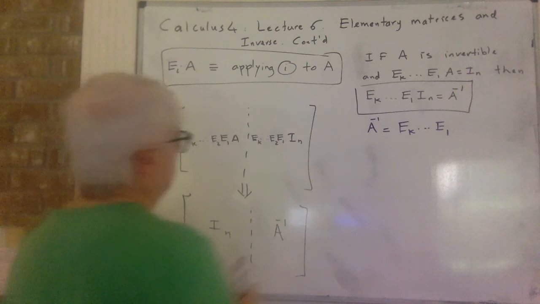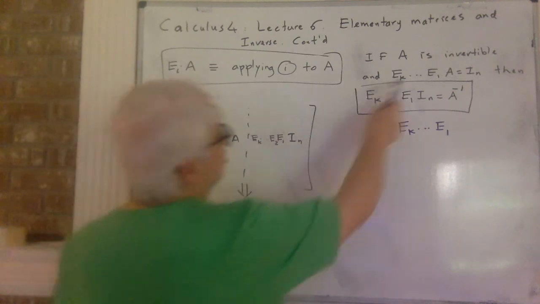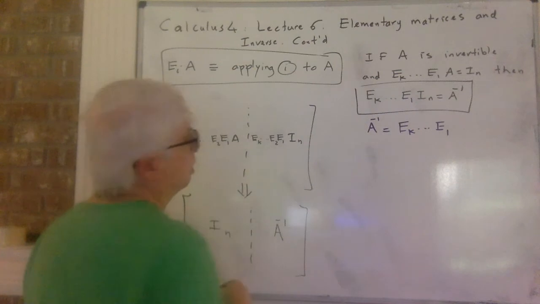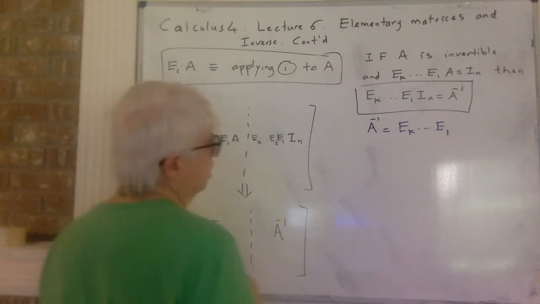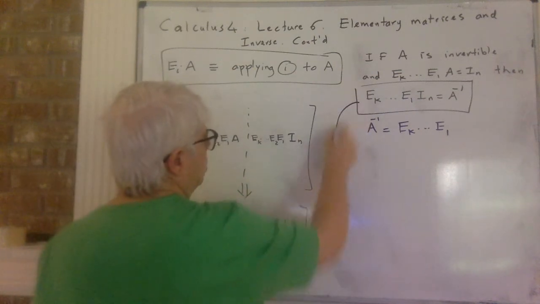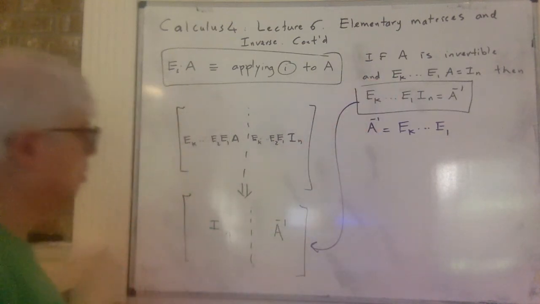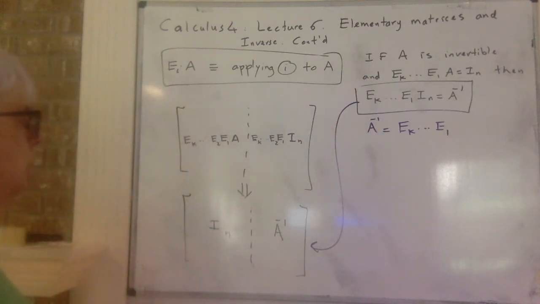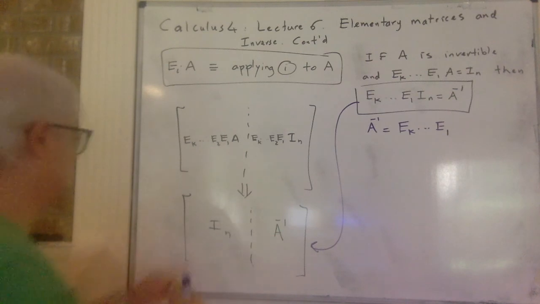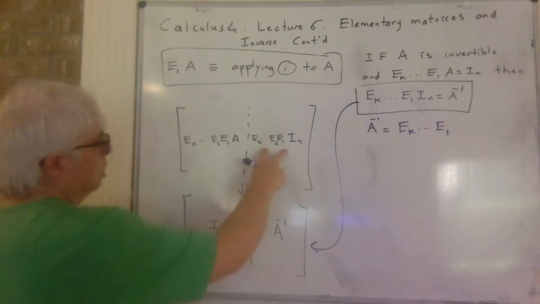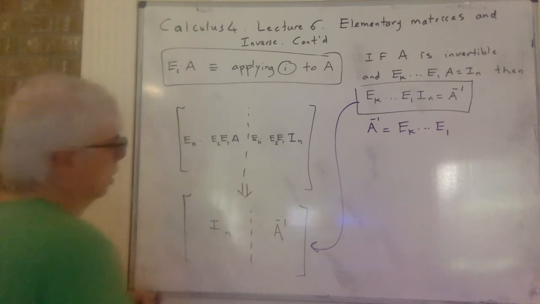Right? So this comes from this fact, and this comes from this fact. This is because of this, and this is because of this. This side is in fact this equals this, and this equals this, right?